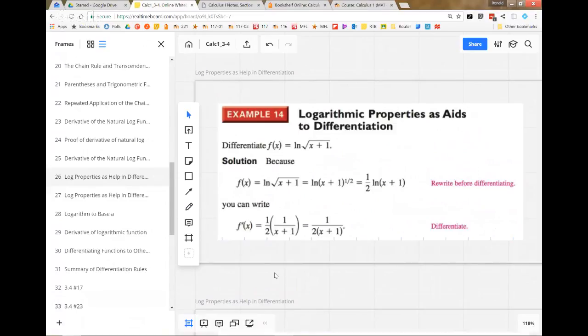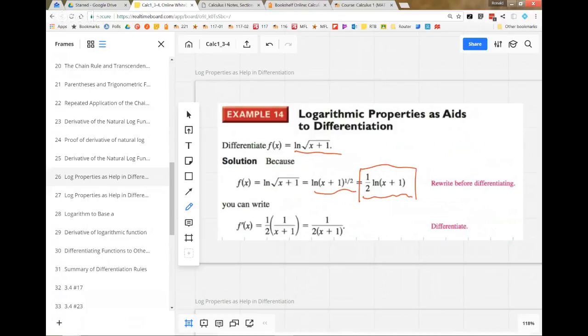So in this case, we're going to take this problem, and the square root of x plus 1 can be written as x plus 1 to the 1/2. We want to take the natural log of that. I haven't done any derivative yet. The log of a power says take the power times the log of the base. So this has nothing to do with derivatives at this point.